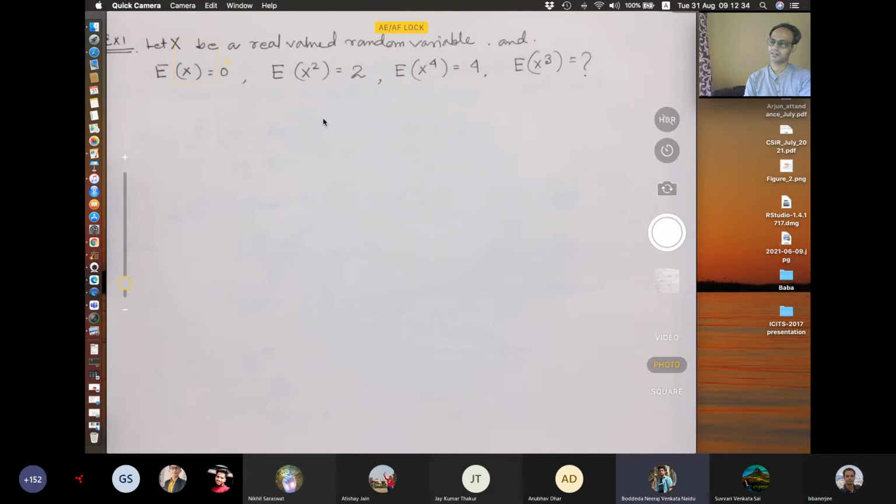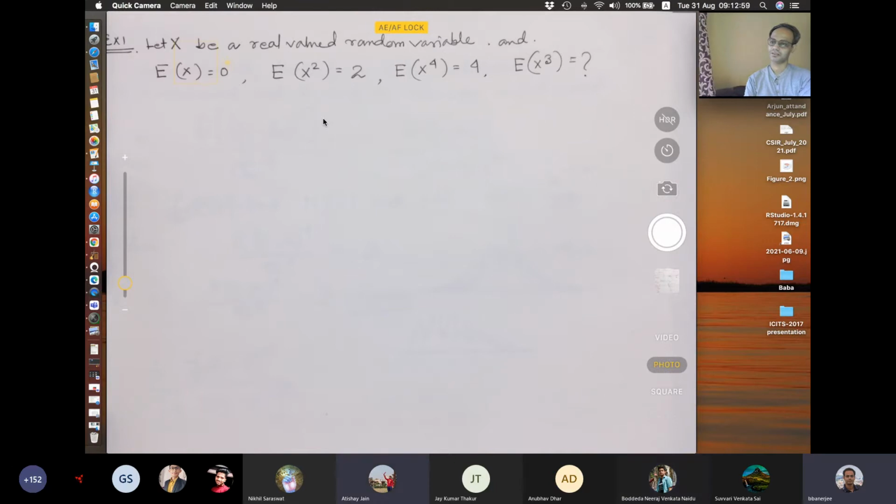Integration by parts. No. Which function are you differentiating, and with respect to what are you differentiating? With respect to small x. No, here there is no small x. All are capital X. They are random variables.